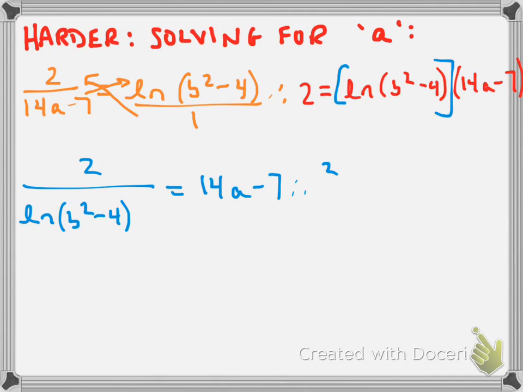So 2 over the natural log of b squared minus 4 plus 7 in its own separate area here equals 14a. And we are one step away, noticing that 14 and a are multiplied together. We can just divide by 14.